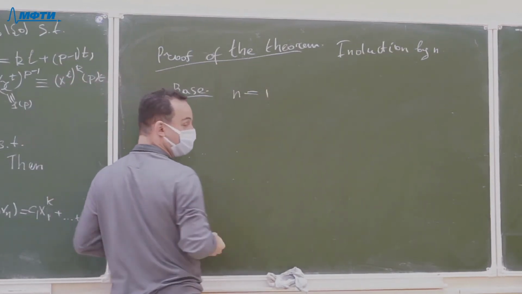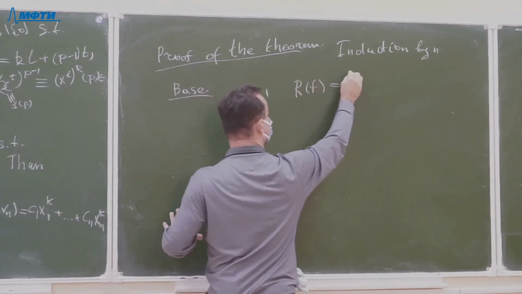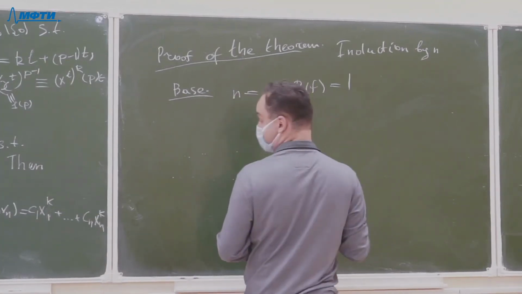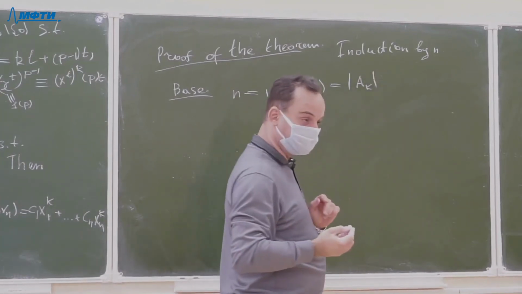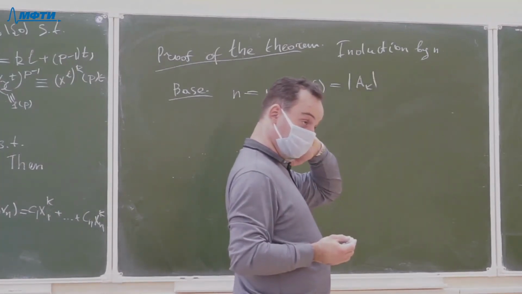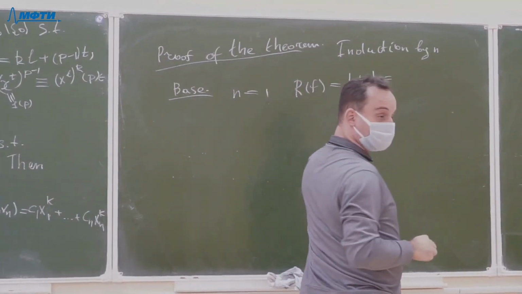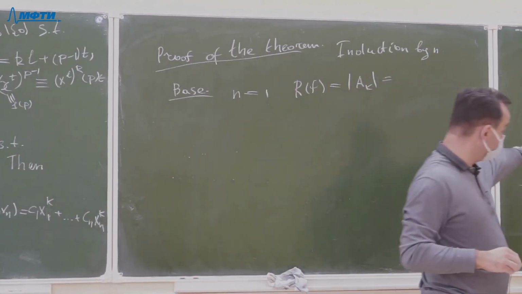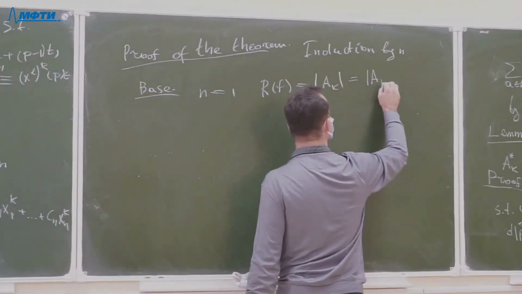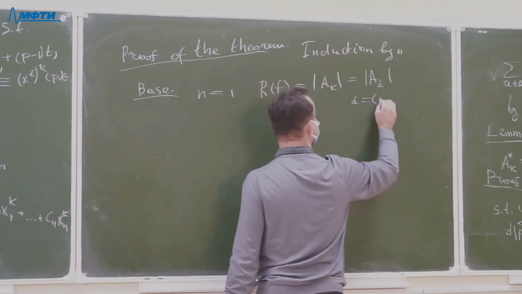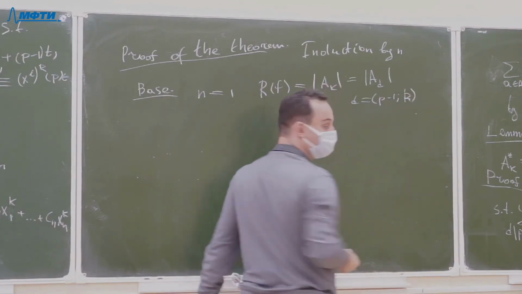Whenever n equals 1, the range of the form is the size of a_k, right? Which is the size of what? Remember, by lemma 4, this is the size of a_d, where d is the GCD of k and p minus 1, right?